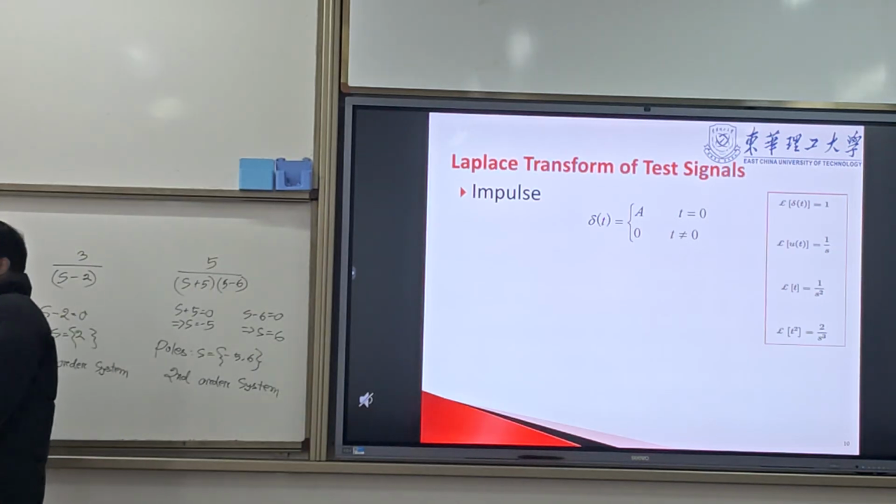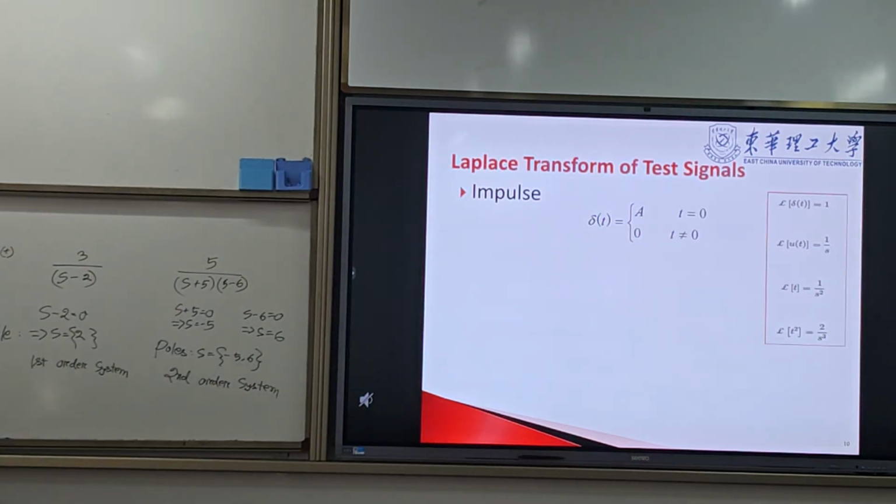Okay, now let's talk about the Laplace transform for all these four different signals. First one, Laplace transform of the impulse signal.